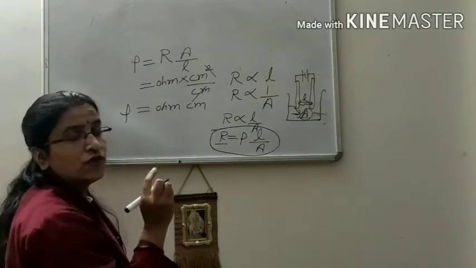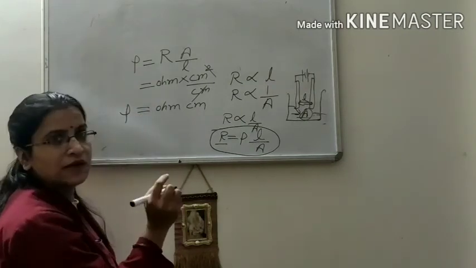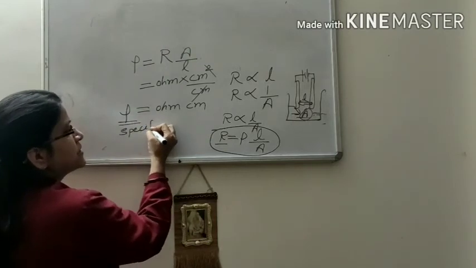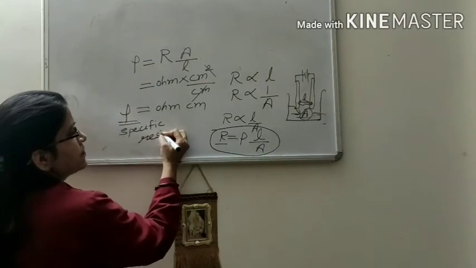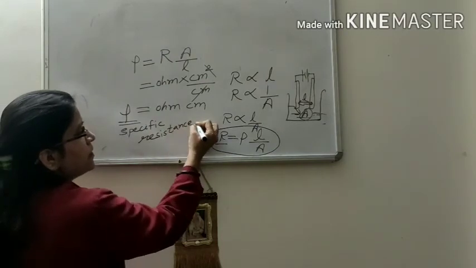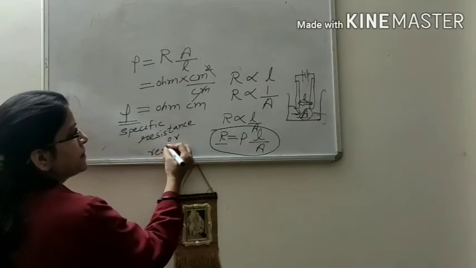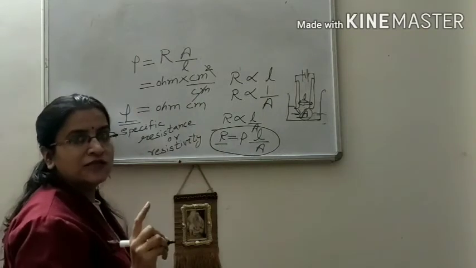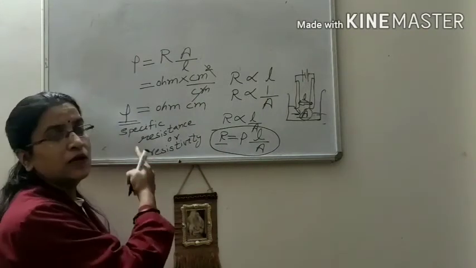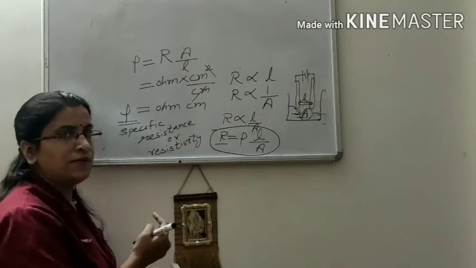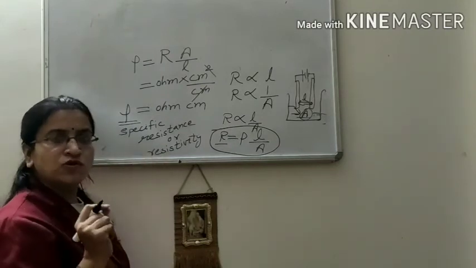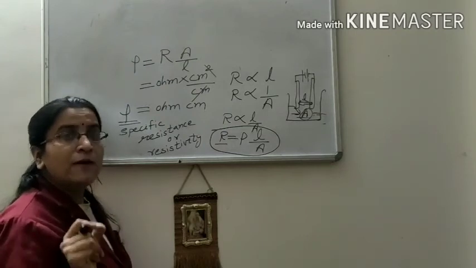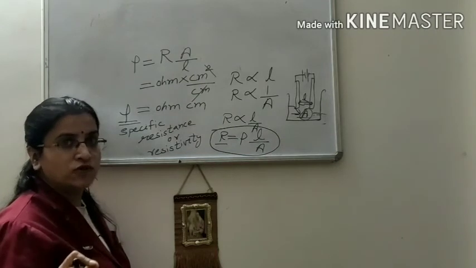So the unit of rho is ohm centimeter, and this rho is called specific resistance, or resistivity. The unit of resistance is ohm, but the unit of specific resistance is ohm centimeter. This resistivity is also defined as the obstruction in flow of current of 1 centimeter cube of solution.